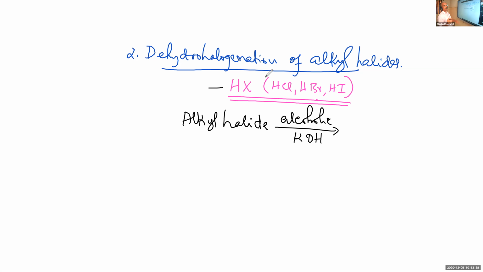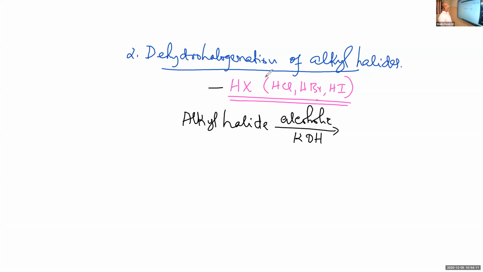The medium is alcoholic: instead of water, we use alcohol as the solvent, so it is called alcoholic KOH. If water is the solvent, then it is aqueous KOH. Aqueous in water, alcoholic in alcohol, ammoniacal in liquid ammonia.